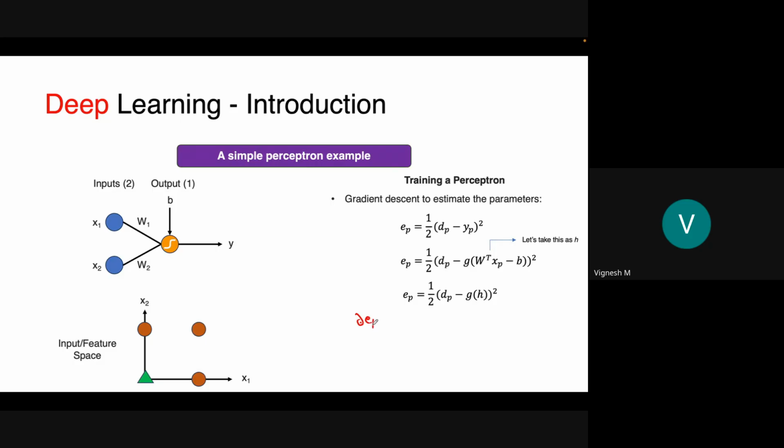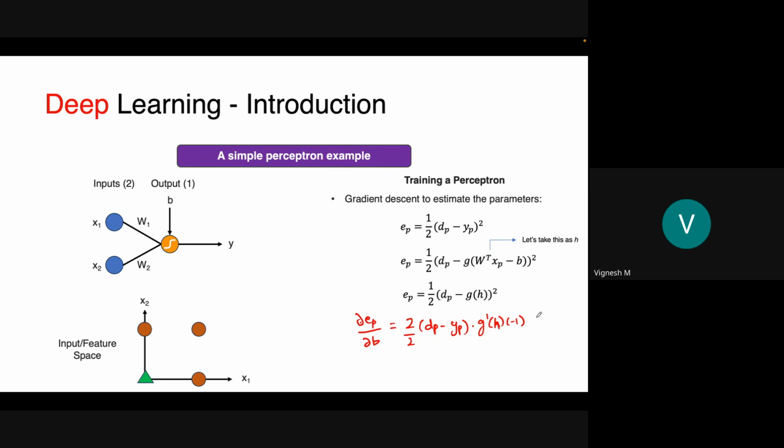If you do dou ep by dou b, that'll be 2 by 2 again, right? dp minus yp, g dash of h times -1.